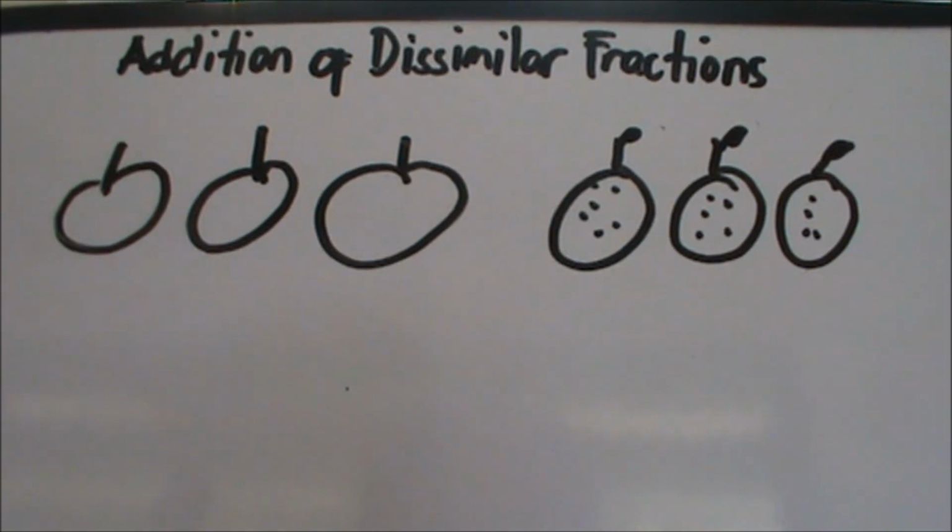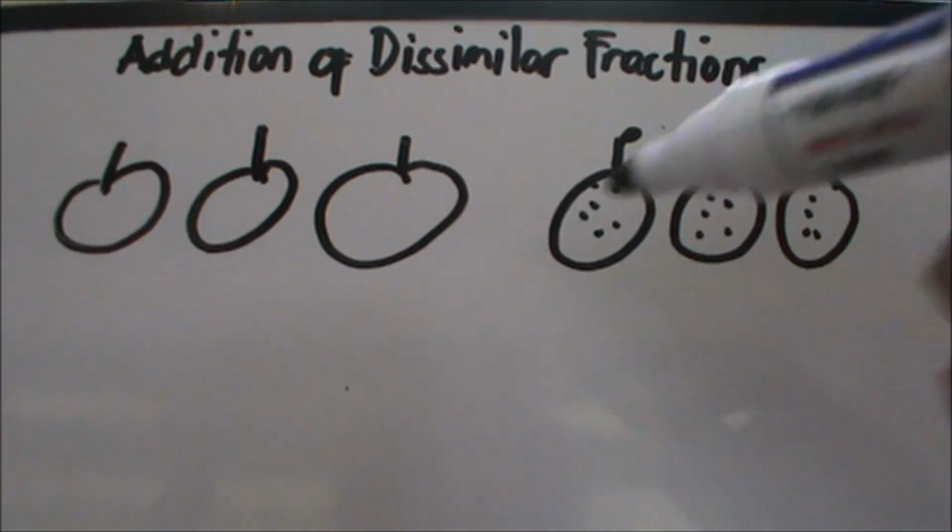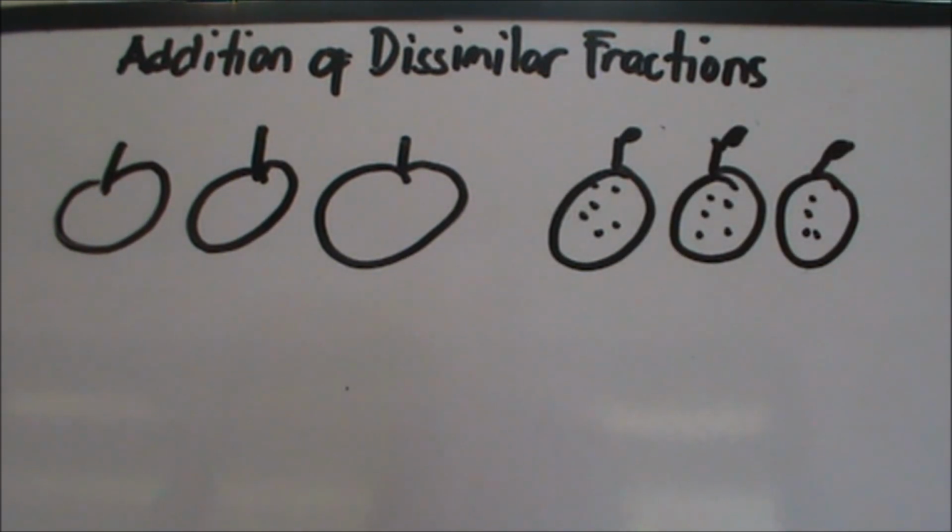We need to find a common denominator, that is, we have to express the apples and oranges by a common name or a common term. Since what is common to both is that they are both fruits, it means that we have 6 fruits.